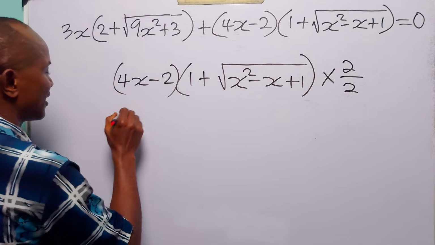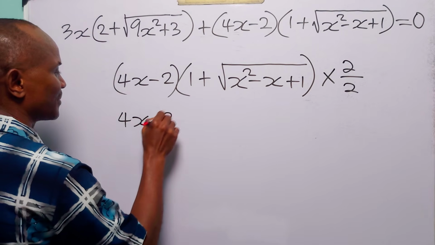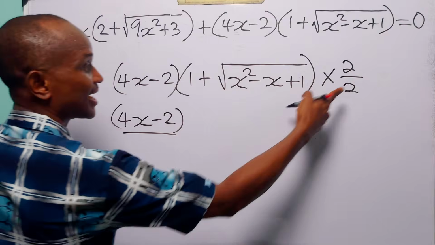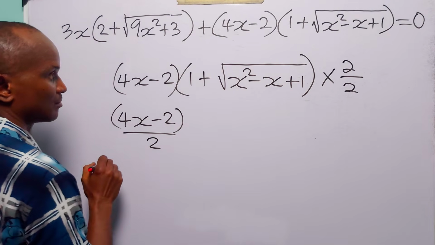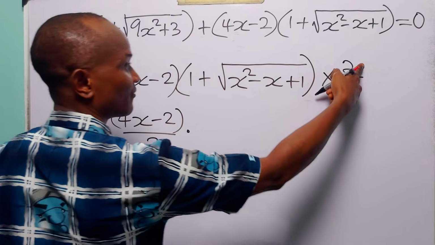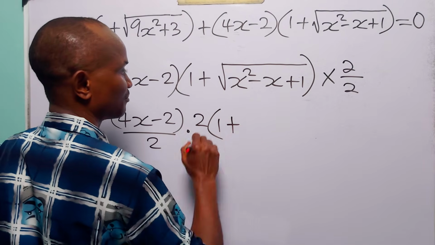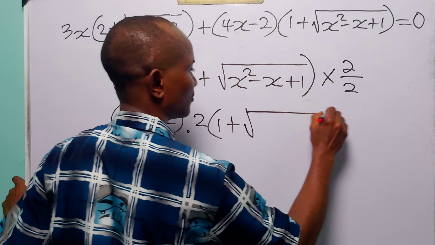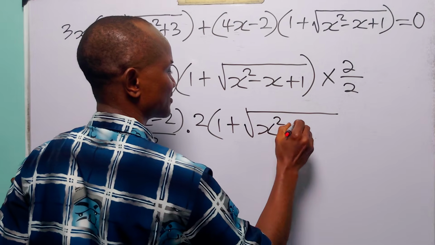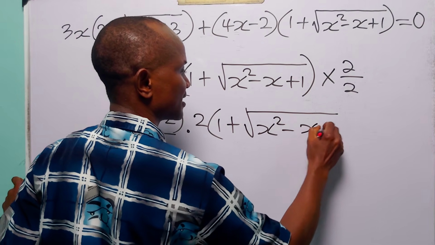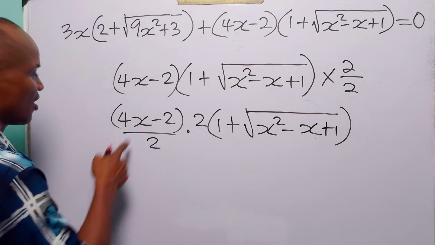Now, here we have 4x minus 2 divided by 2, and now we have 2 times 1 plus root x squared minus x plus 1.